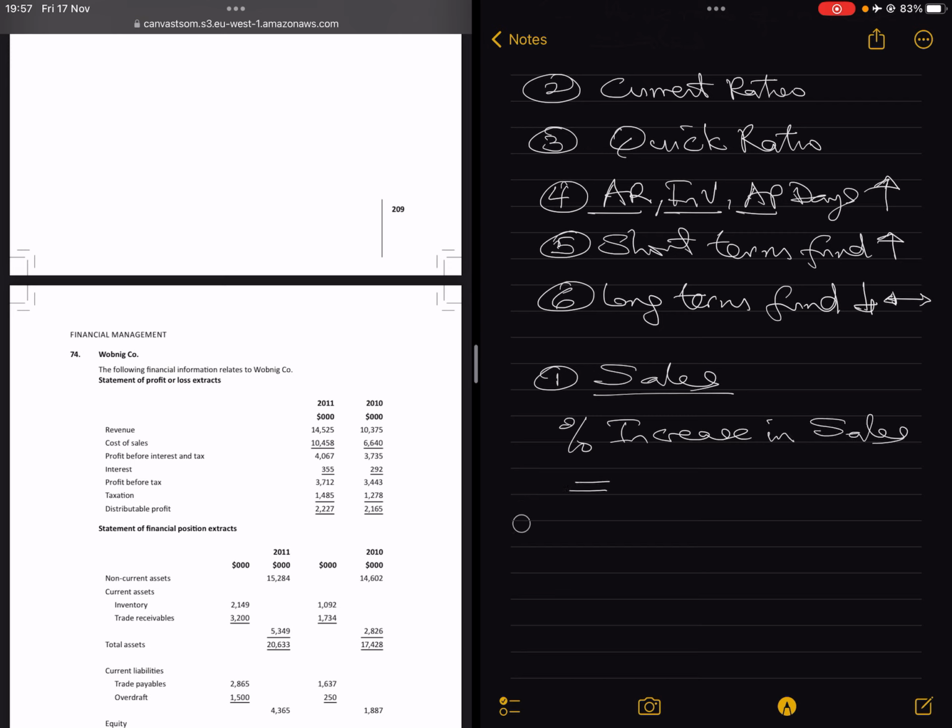So that will equal to 10,525 minus 10,375 divided by 10,375. Press the calculator.